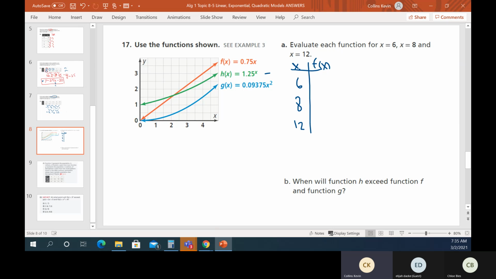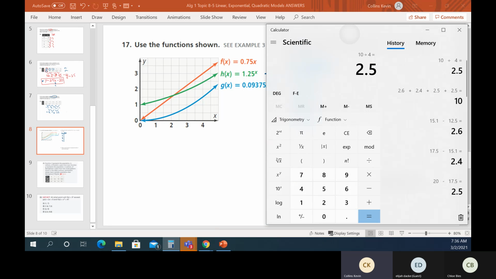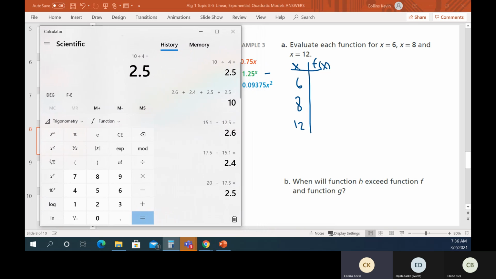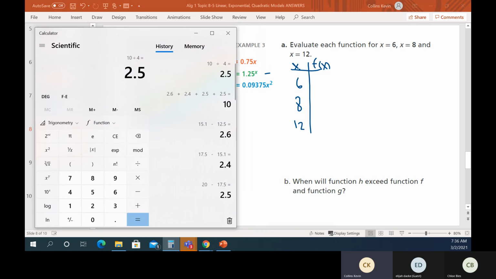This is definitely calculator city, right? So let's bring these guys in and move them over here this time. Our first function is 0.75x. So we go 0.75 times 6, and that's going to be 4.5.